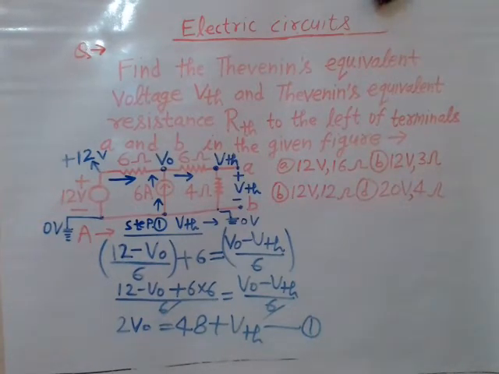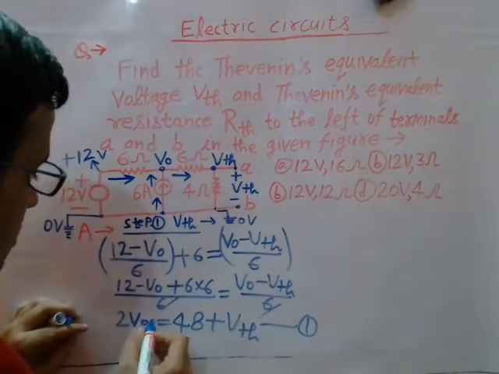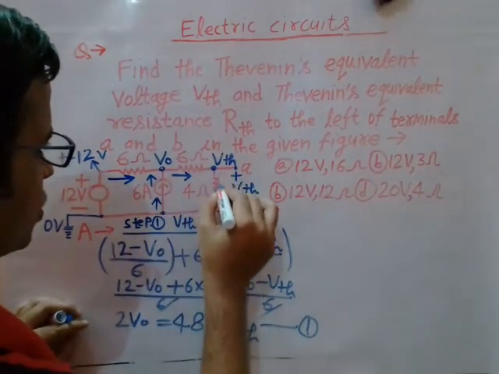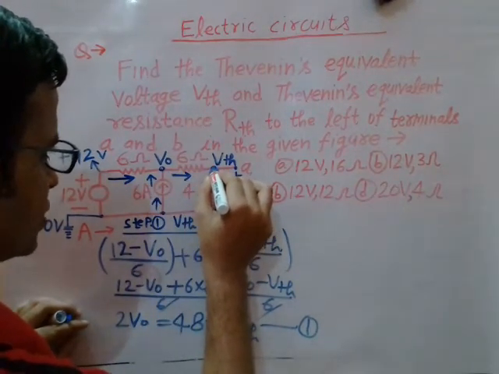So now by any means, if I am able to find out this V naught, voltage V naught, then I can definitely find out VTH, Thevenin's voltage VTH, right? So how to find out this voltage V naught? For V naught, you can apply Kirchhoff's current law again on this node, right?